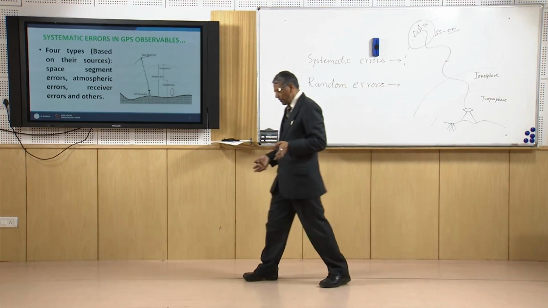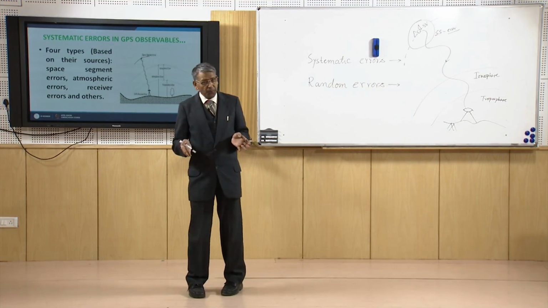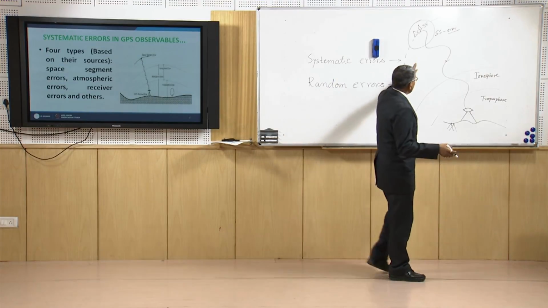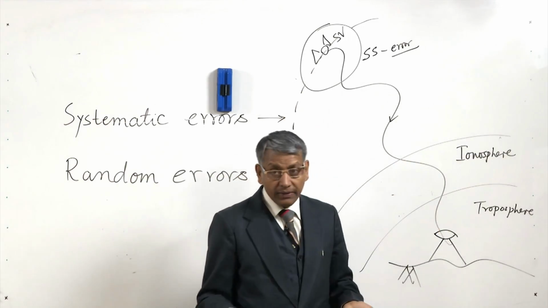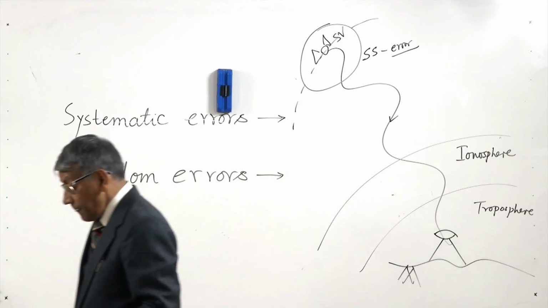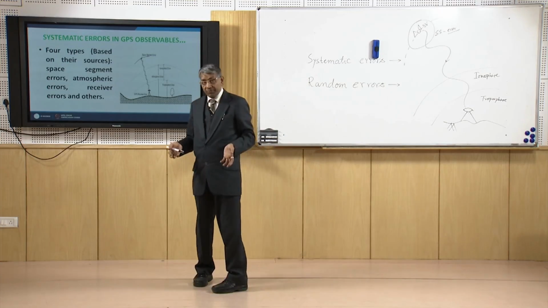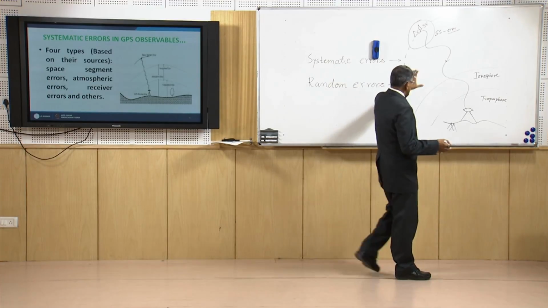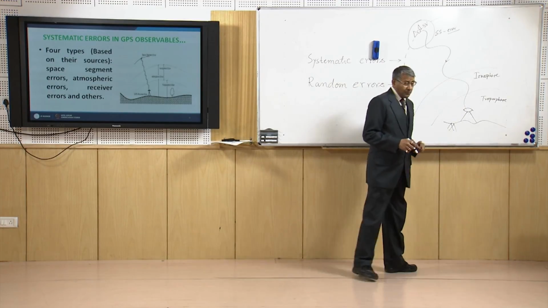Its velocity of propagation as well as direction of propagation will change. As a result, there will be some delay in the signal coming to the receiver, and that will cause error, and that is called atmospheric error.